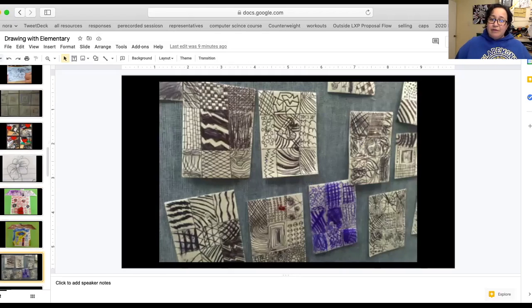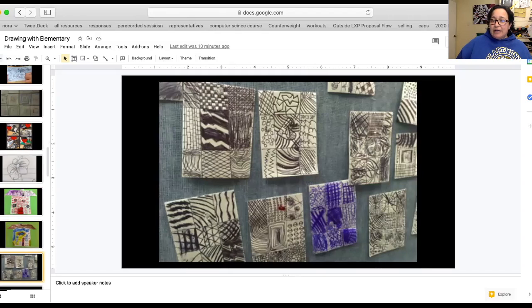And very closely related to details are textures. So one thing that I find very helpful is to use each other as references. So each child got a 5x7 scratch foam, and they broke it up into 9 rectangles or squares.